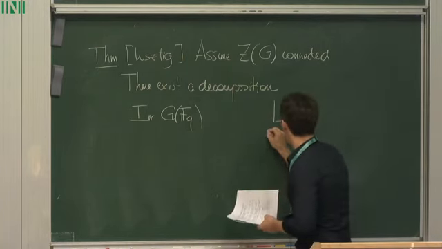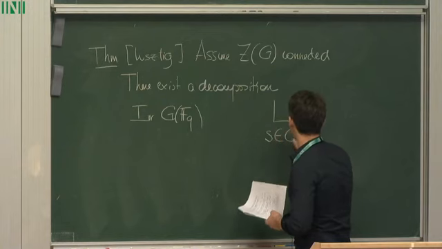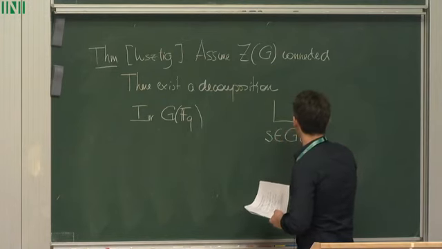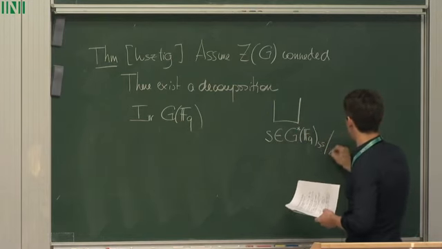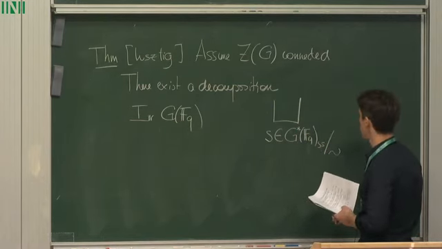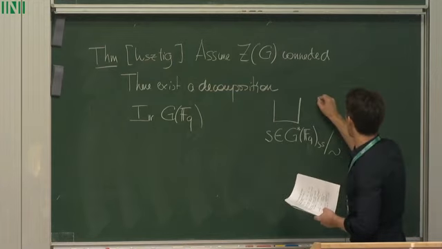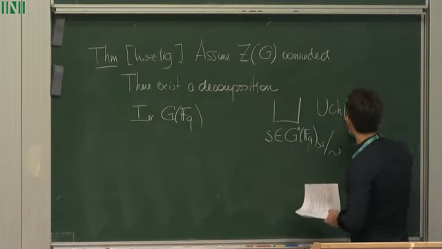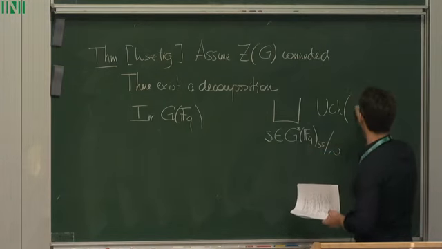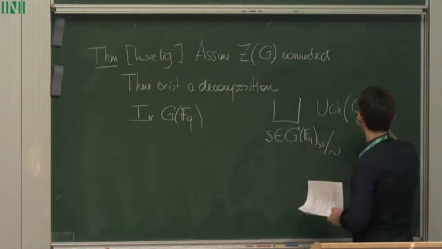And here it's almost the same. I start with a semi-simple element, but of the dual group, up to conjugacy. And I look at what corresponds to the unipotent classes now, the unipotent characters of the centralizer of that element. So I'm working in the dual.